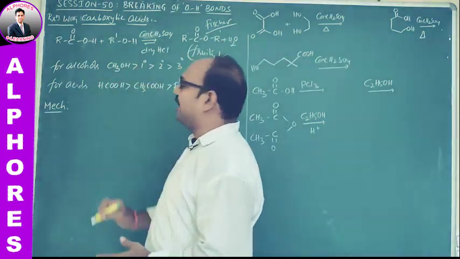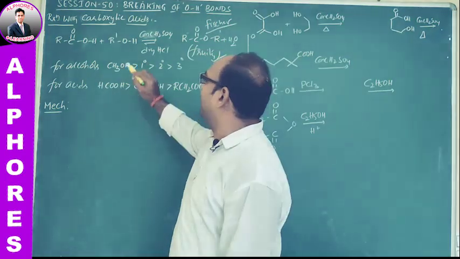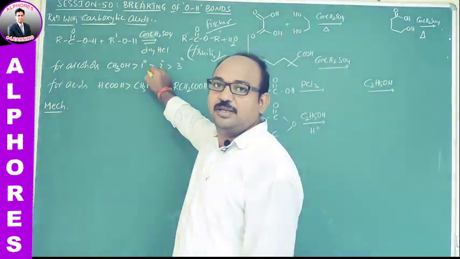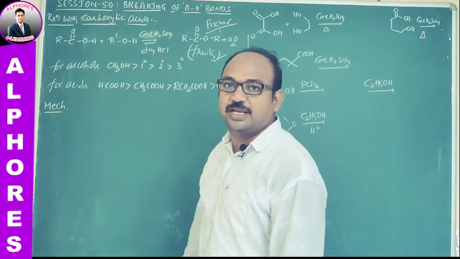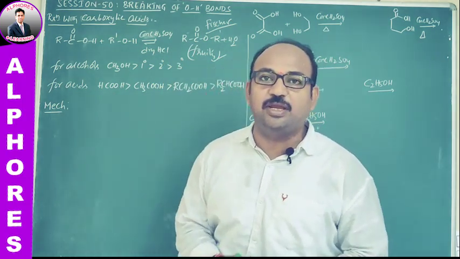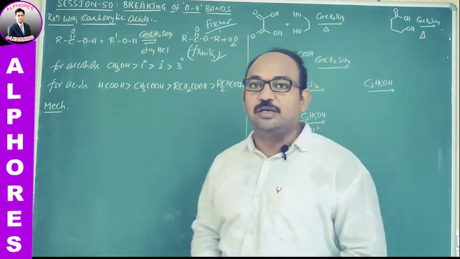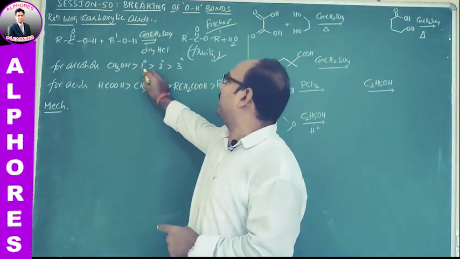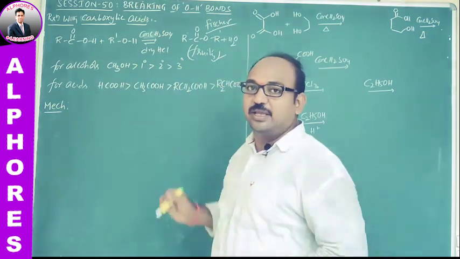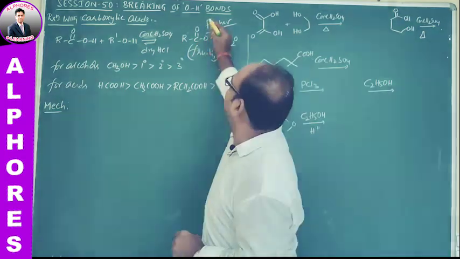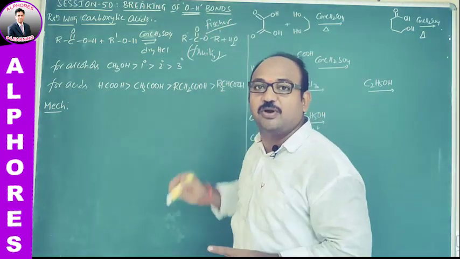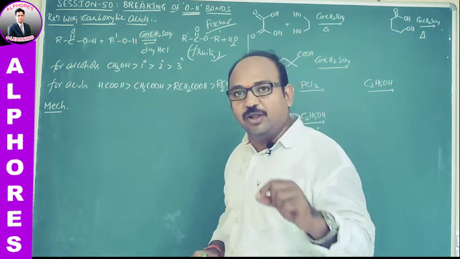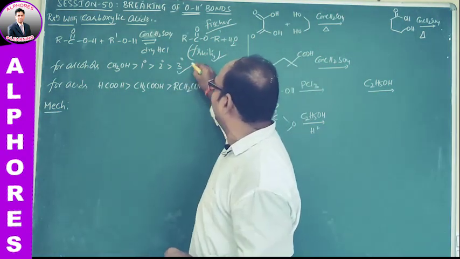So, the order of reactivity of alcohols, if you observe: methyl alcohol is greater than primary, primary is greater than secondary, and secondary is greater than tertiary. This is the order of reactivity towards esterification. For all those reactions that take place by breaking of the O-H bond in alcohols, this is the order of reactivity of alcohols.